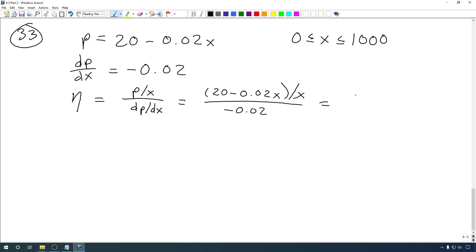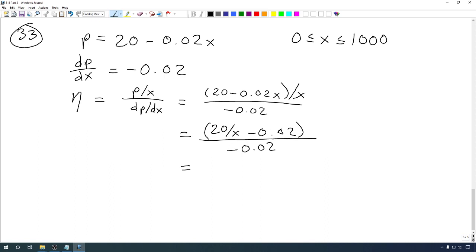Let's go ahead and do this step by step. We have 20 over x minus 0.02, because that x goes away. We're still over negative 0.02. And then we'll go ahead and divide all this by negative 0.02.